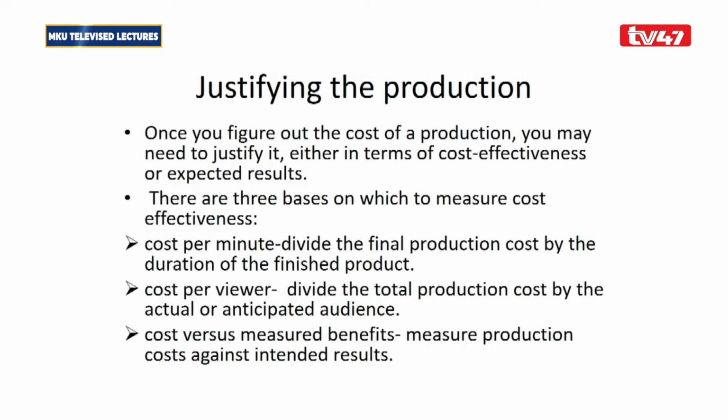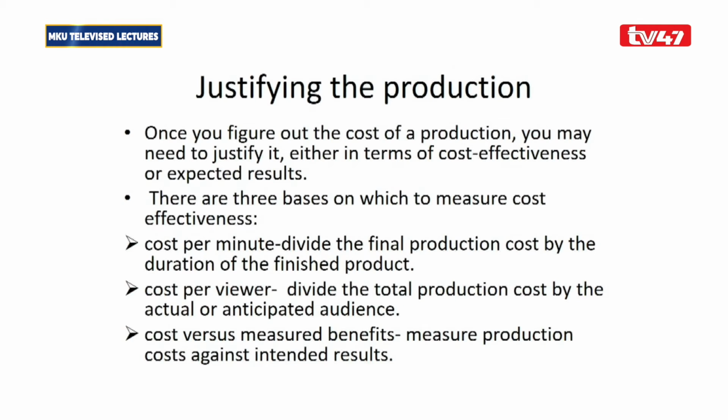So you'll have to look at the total amount of money that you have spent in producing that production, and also you look at the duration of your finished product. So what you'll do is get that total production cost and divide it by the duration of the production.